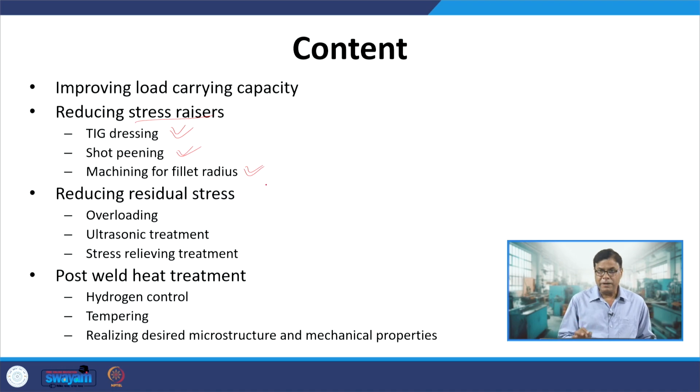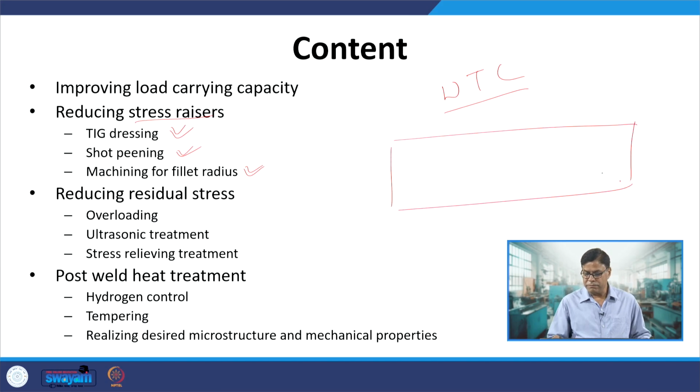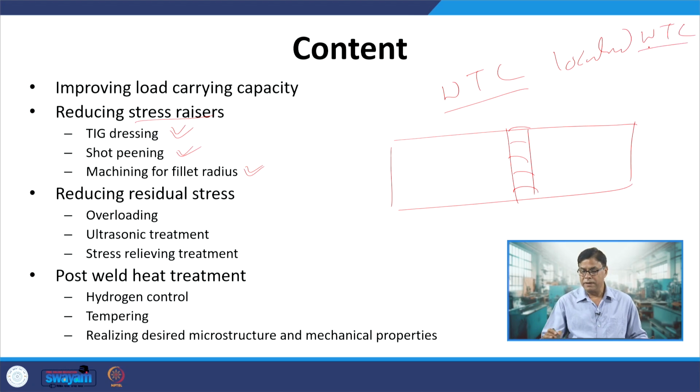Then, invariably, there is the typical weld thermal cycle introduced during fusion welding or solid state joining. The nature of the thermal cycle is such that it is different at different locations. Because of the localized weld thermal cycle, with heating and soaking followed by cooling, which is different in the different zones in the vicinity of the weld joint and also in the weld zone, what will be happening?